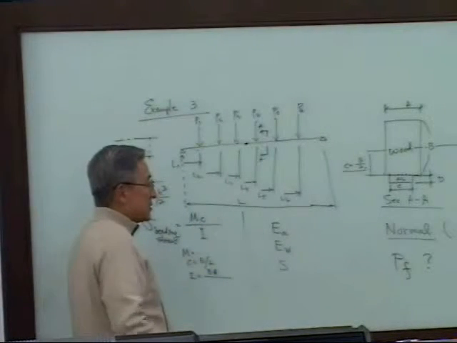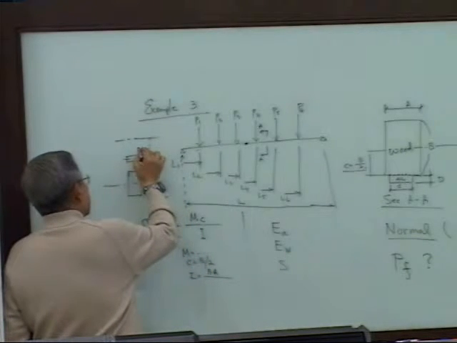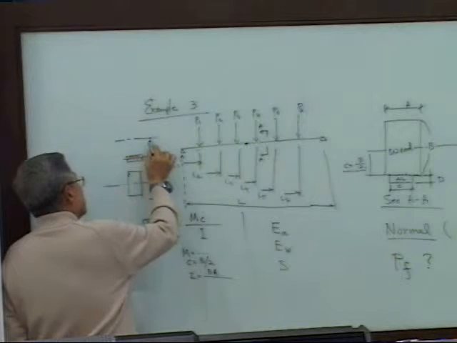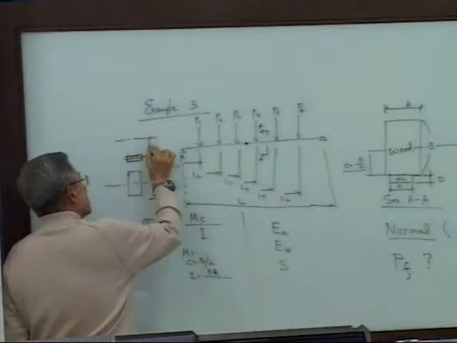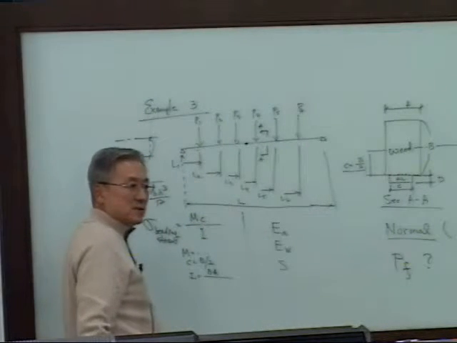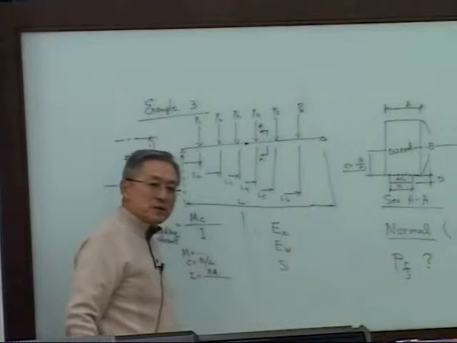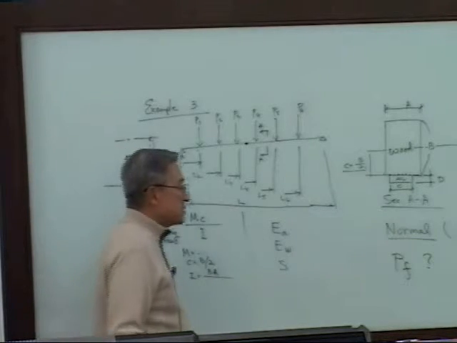That's what happened here. Then how do you compute the moment of inertia? It is area times the square of this length. So anyway, you have to compute that using basic mechanics and compute the bending stress.